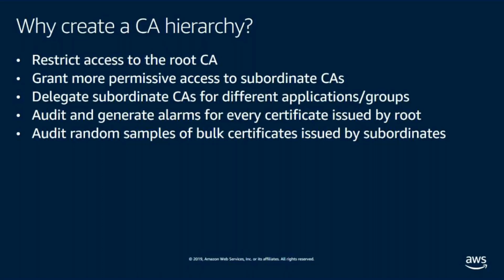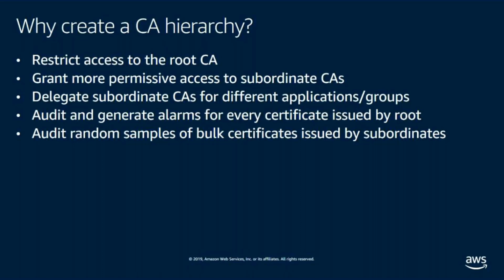The next reason for having CA hierarchies is to provide auditing and alarms that can be specific to the CA or to the level of the CA hierarchy. So for example, for the root CA, we want to have careful monitoring, we want to have alarms and notifications for issuance from a root CA, because the root CA is really typically used infrequently and only to issue certificates for subordinate CAs.